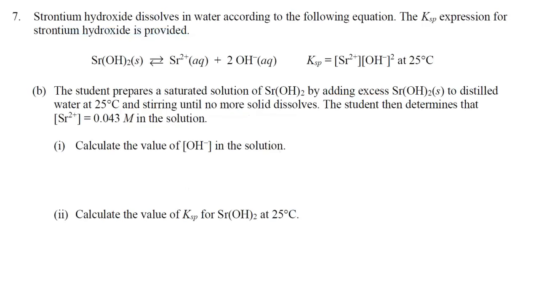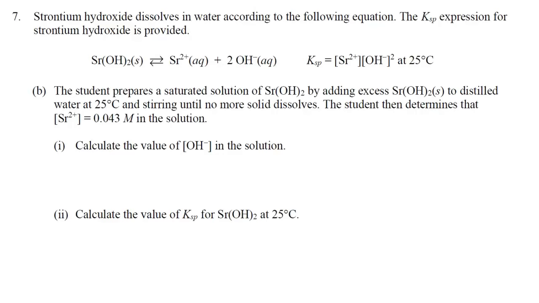Now let's take a look at part B of this question. In part B, it says the student prepares a saturated solution of strontium hydroxide by adding excess solid strontium hydroxide to distilled water at 25 degrees Celsius and stirring until no more solid dissolves.